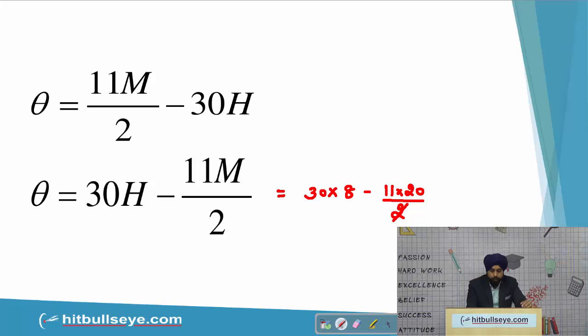Now here 20 by 2 is 10. Now 30 into 8 is 240 minus 11 into 10 is 110. So our answer happens to be 130. So 130 degrees is our answer.